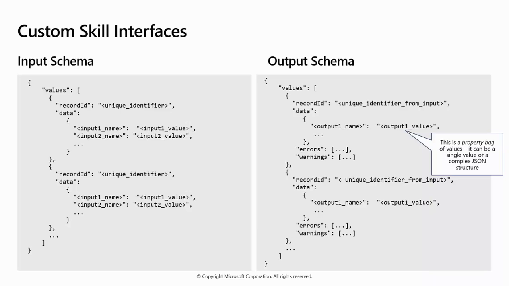It is assumed that for each input record, the output will have a record with either the skill's results or details about any errors that happen. It's the same, just our output will add these errors or warnings for each record.